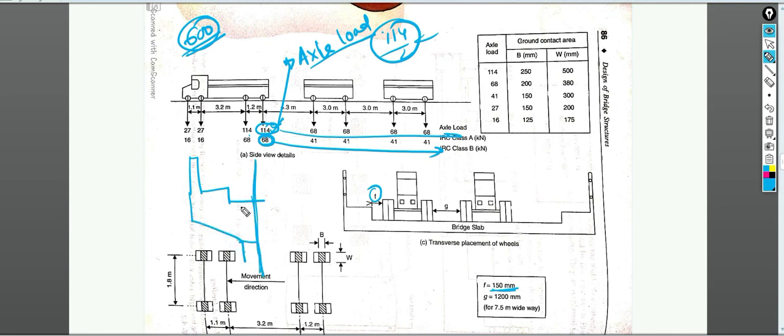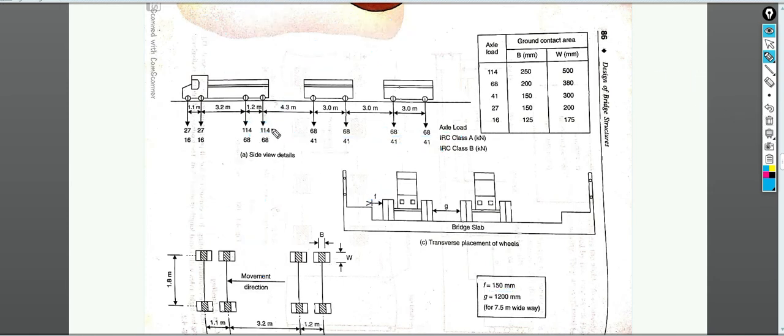Suppose this is the cantilever edge, we have 600 mm available with us, so we can easily put the class A loading. That is why we are going to adopt class A, not the class AA loading. Understood? So for this loading, the maximum loading that we have is 114 axle loading, and if I want to find out the wheel load, it is 57 kilonewton, which is 114 divided by 2.